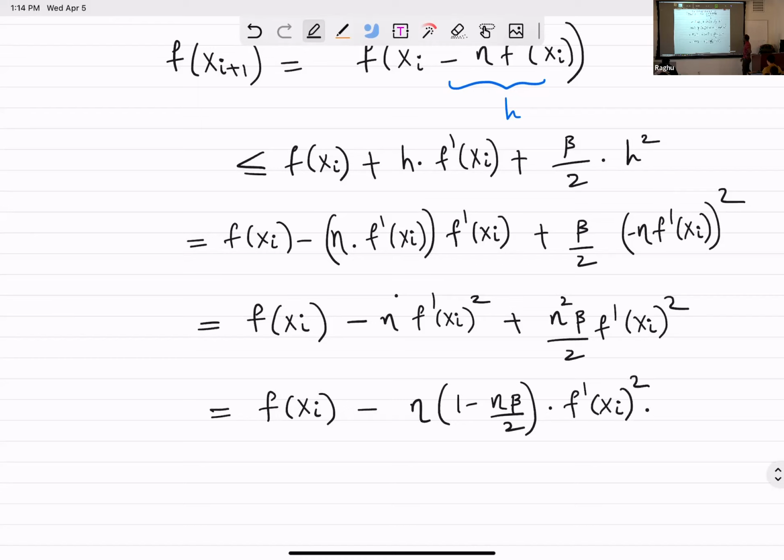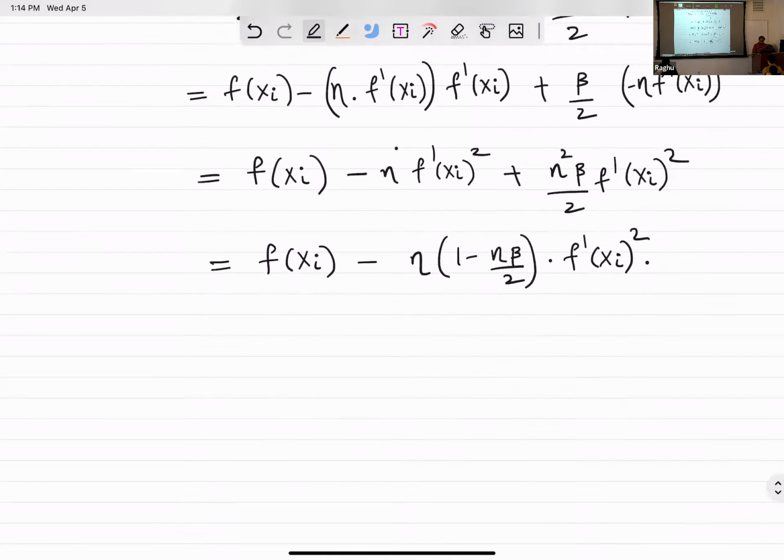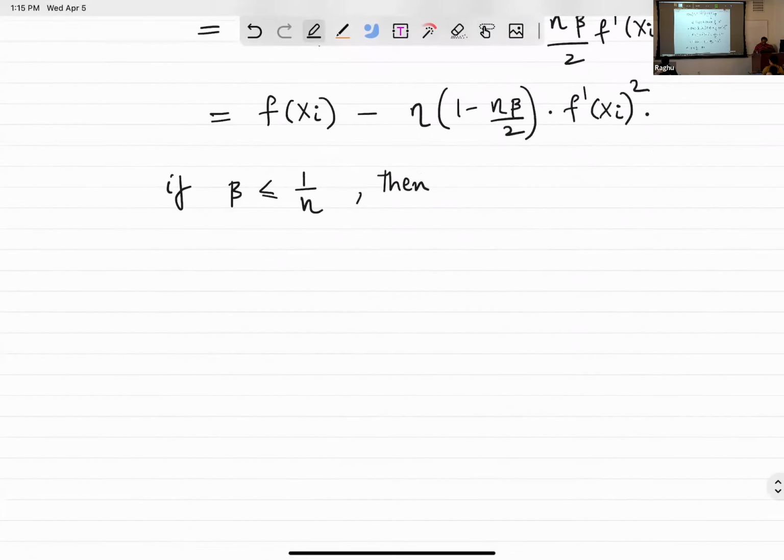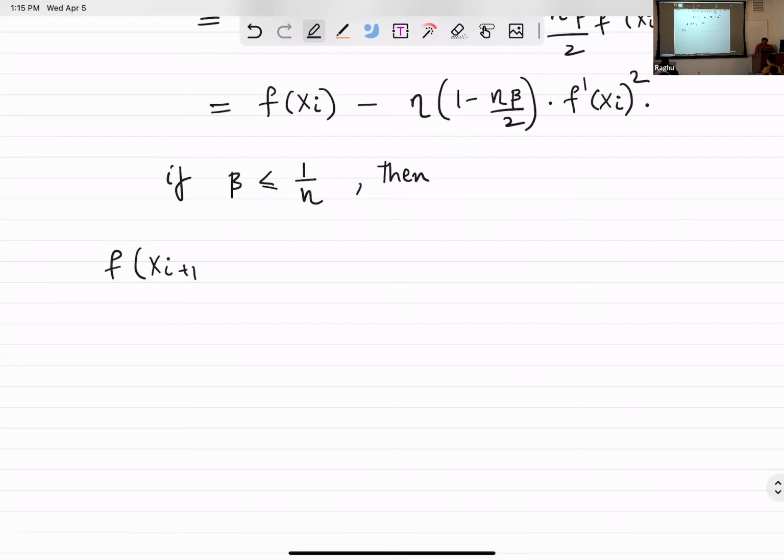The square of the derivative is a positive number. We want the function value to decrease, so we want this coefficient to be positive as well. In particular, if beta is less than or equal to 1 over eta, then the function value decreases.